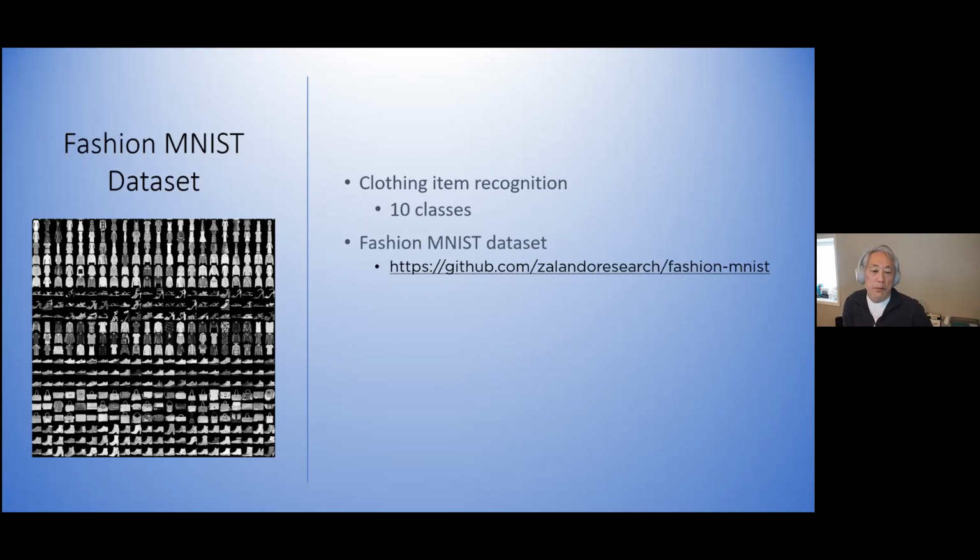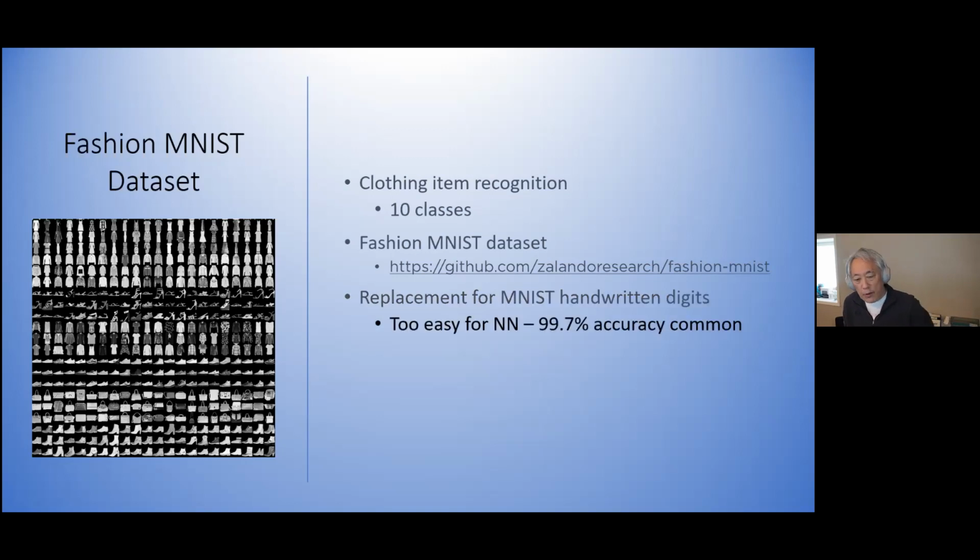Fashion MNIST is produced by a company called Zalando Research. And it's a replacement for something called MNIST, which was a bunch of handwritten digits. The reason they replaced it is because for neural networks, handwritten digits were too easy. 99.7% or higher accuracy was common.